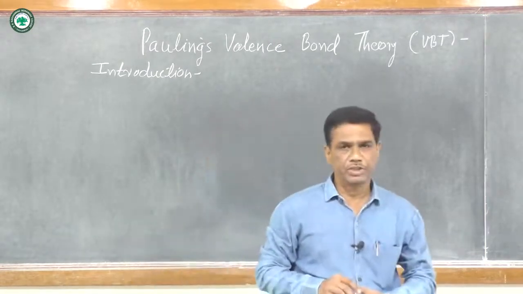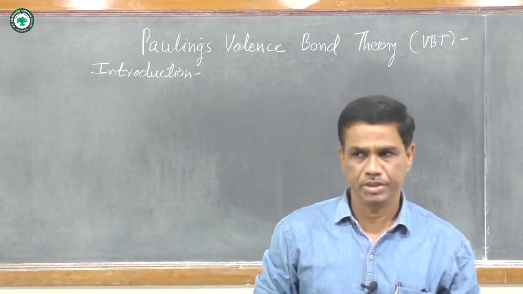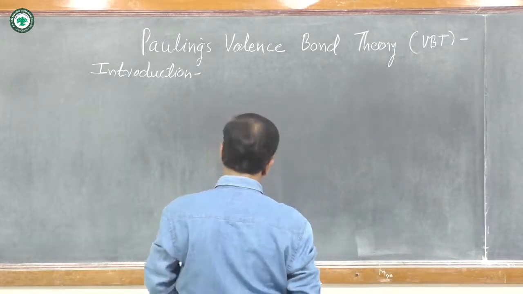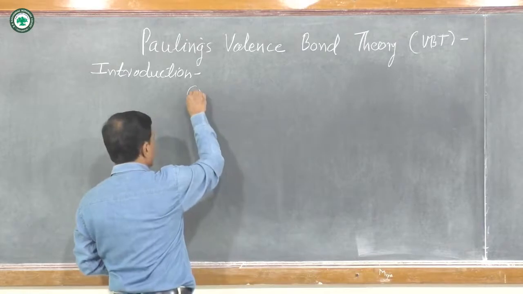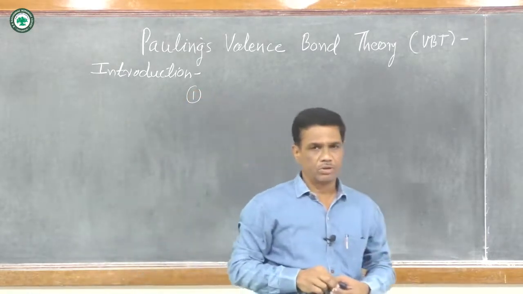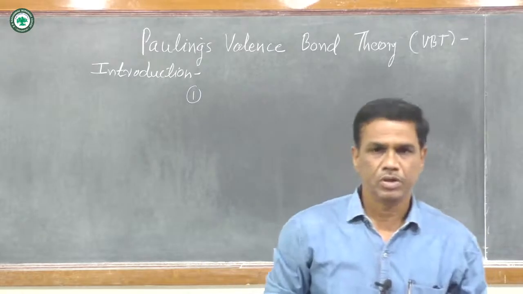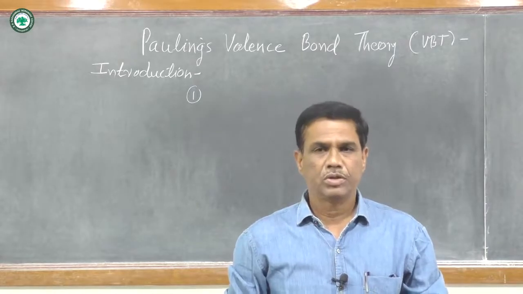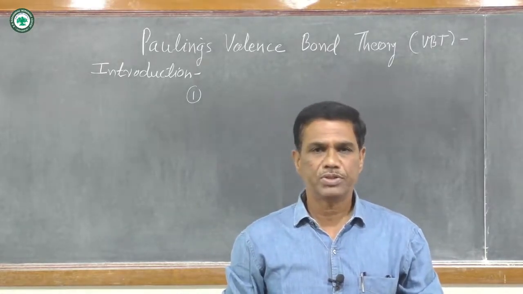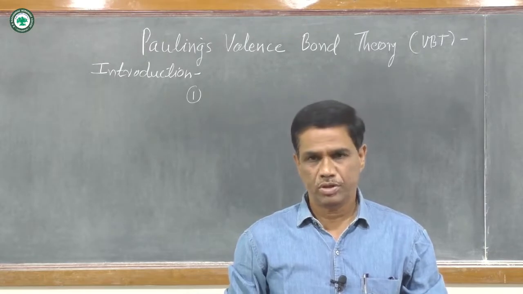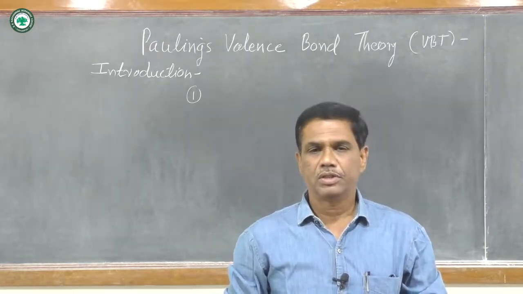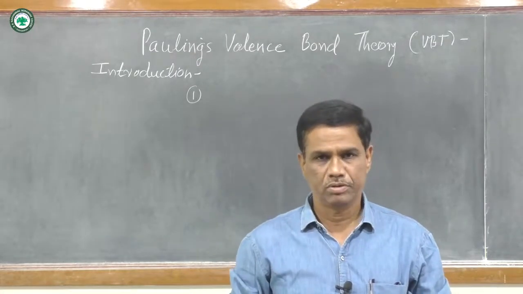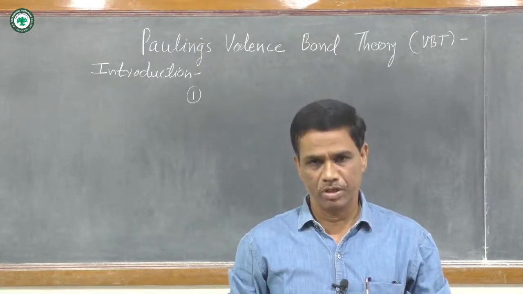Pauling's valence bond theory is shortly named VBT, that is, valence bond theory. This theory deals with the electronic arrangements of the central metal ion and its coordination number. It also explains the formation of coordinate bonds in various complexes, the formation of sigma and pi bonds, and the shape and geometry of the molecule.